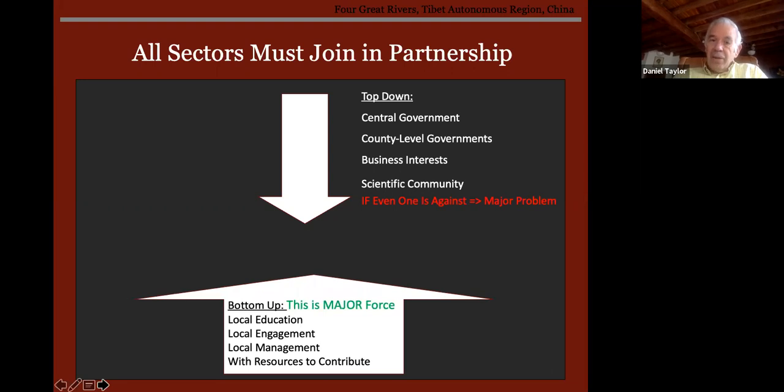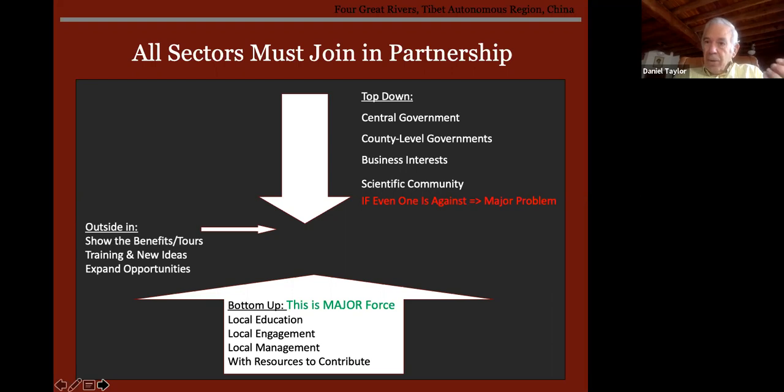And when that happens, the bottom up, which becomes the major force, is engaging with education and management and resources. And your opportunity is this tiny little person outside in influence to change the system.